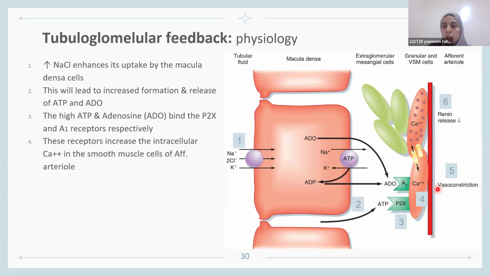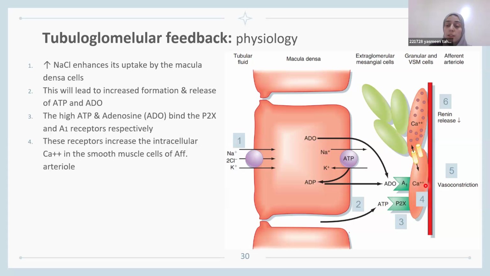If there is a constriction in it, there is a decrease in the renal blood flow and the GFR. And this is a case where we have high sodium chloride. So the tubules are telling the kidney to filter less because we have high filtrate, we have high sodium chloride. So this is how it's signaled.